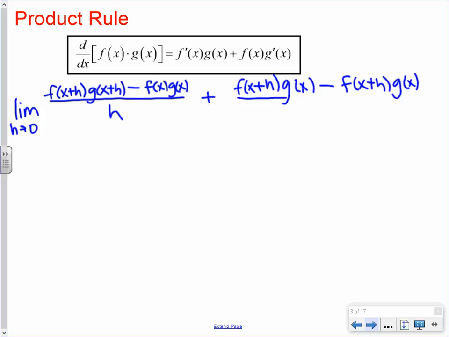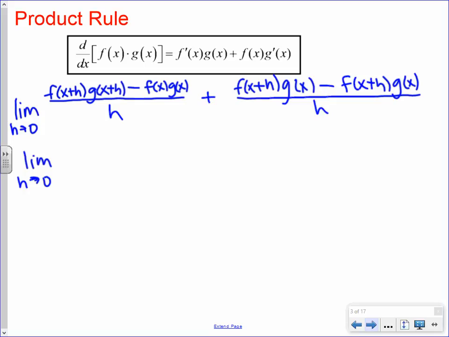Do you agree that that fraction that I just added is 0? My numerator is the same thing minus each other, 0. So I have 2 fractions that have the same denominator. I'm going to go ahead and add these together, and with the commutative rule, I'm going to rearrange things.